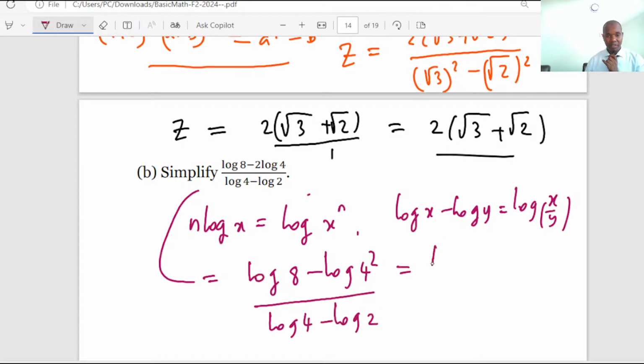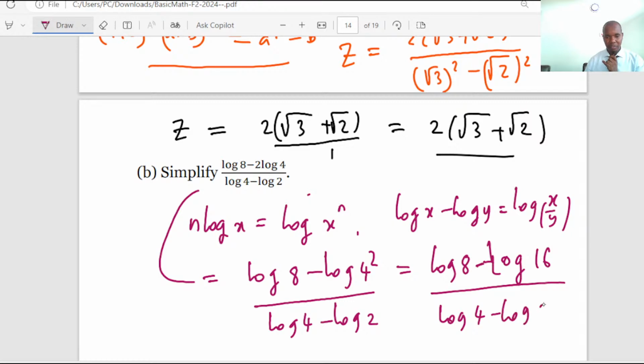You go further, you have log 8 minus log 16, divided by log 4 minus log 2.